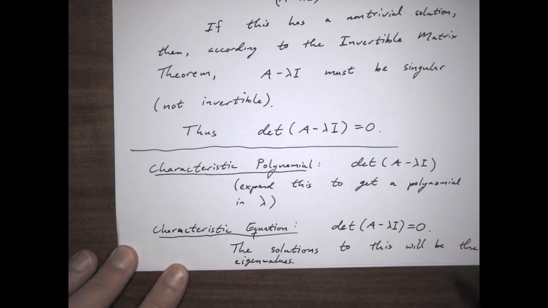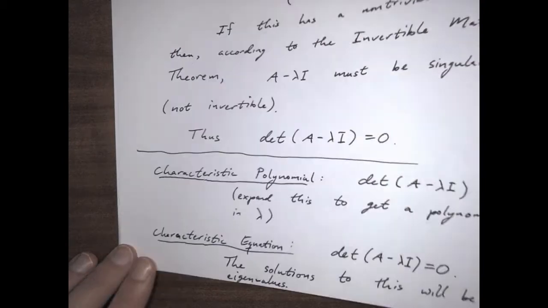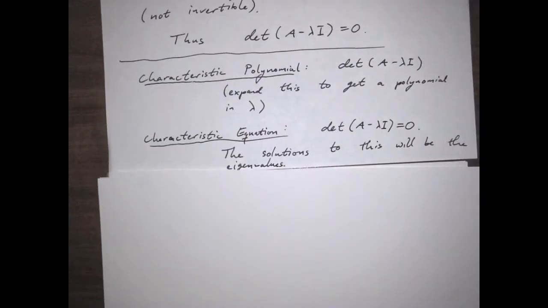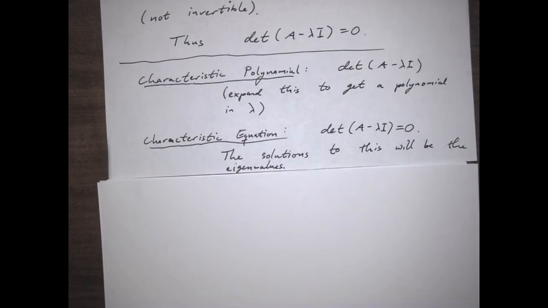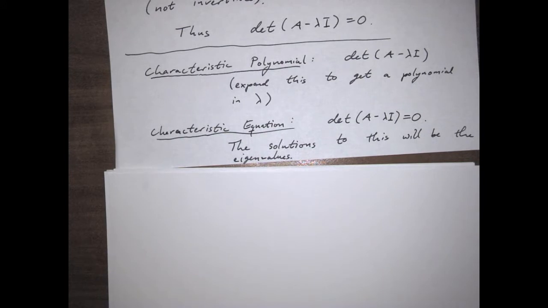All right. Now, when we go about solving this equation, we are solving a polynomial equation, and we'll frequently be dealing with something that is either quadratic or only very slightly cubic. And so we should typically be able to solve it either by factoring or the quadratic formula.